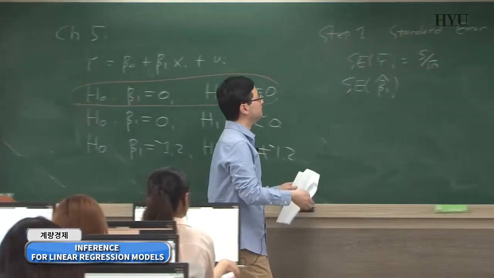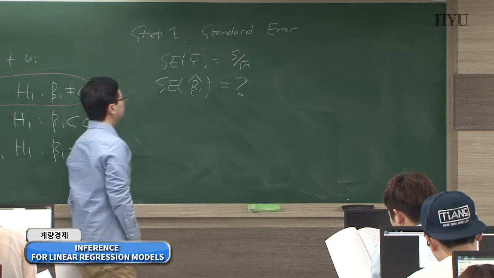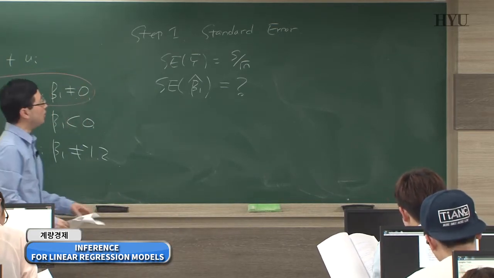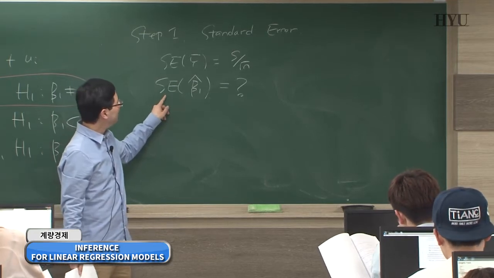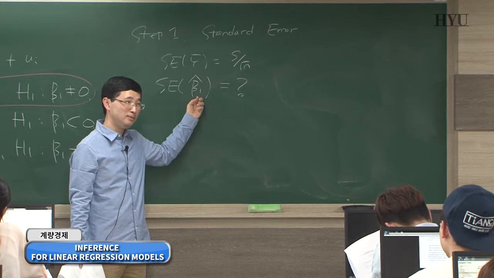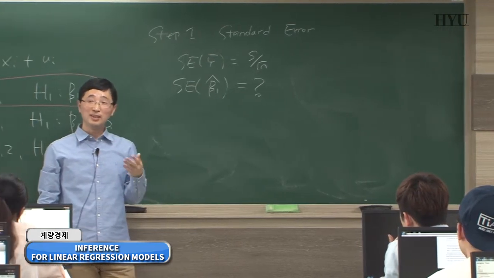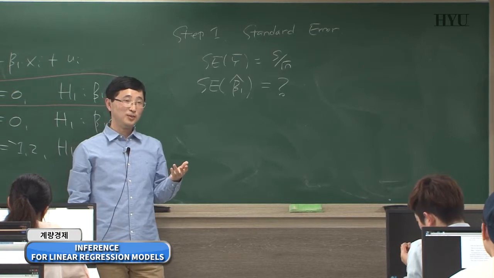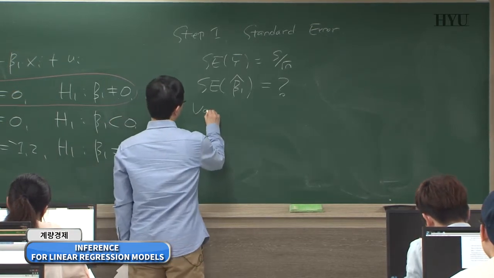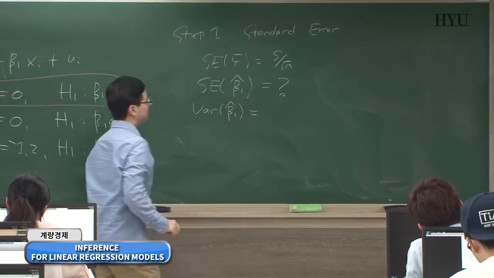So what is it? Now the standard error is an estimate of the standard deviation of this random variable. Right? So to figure out the standard error, you have to think of the standard deviation first, or the variance of the beta 1 hat. So let's think about variance of beta 1 hat.